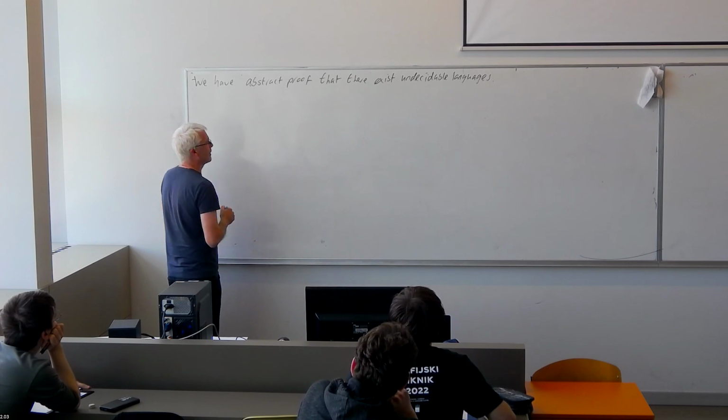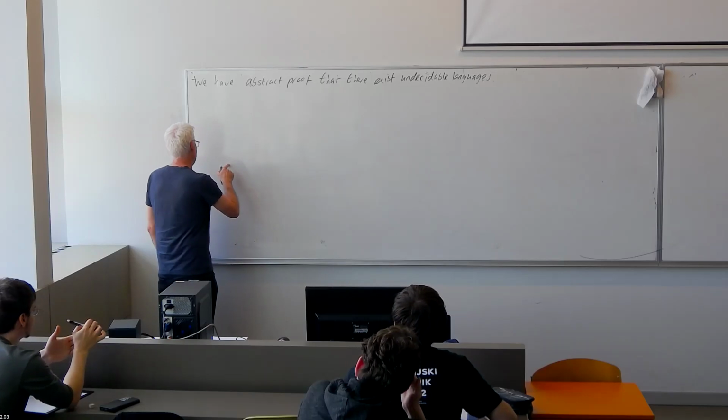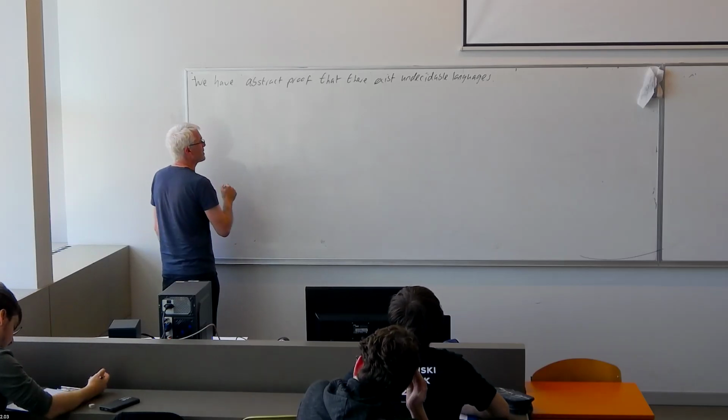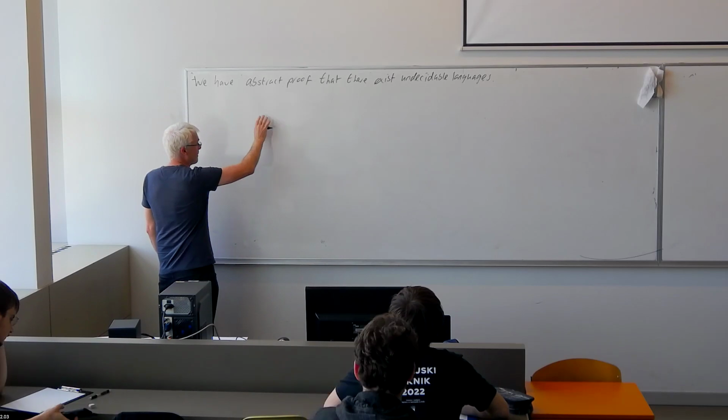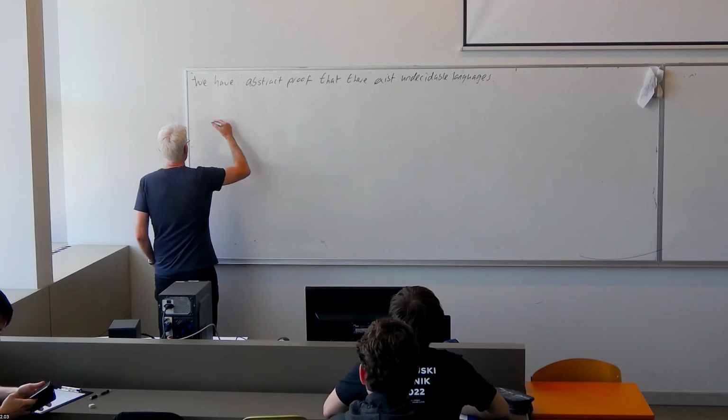Anyway, we have an abstract proof that there exist undecidable languages, but what we're going to do for the rest of today is something more interesting than just an abstract proof. We don't actually have a specific example, so we're going to give a specific example.